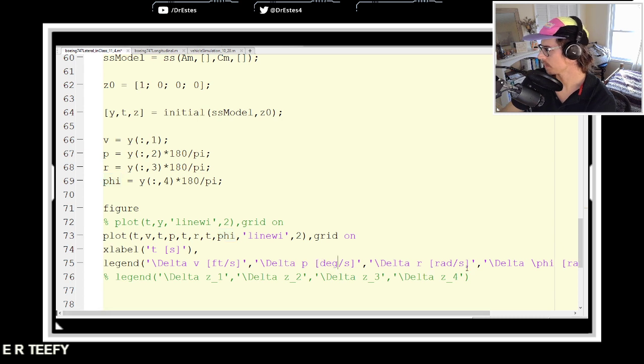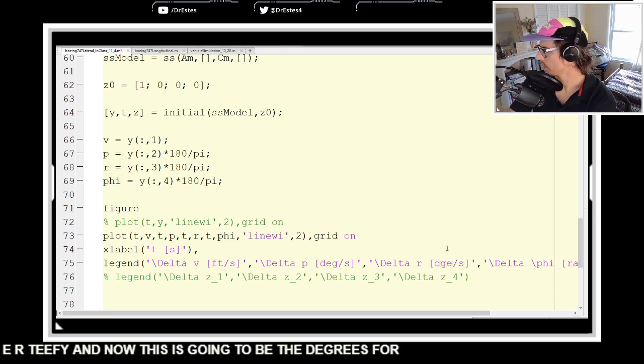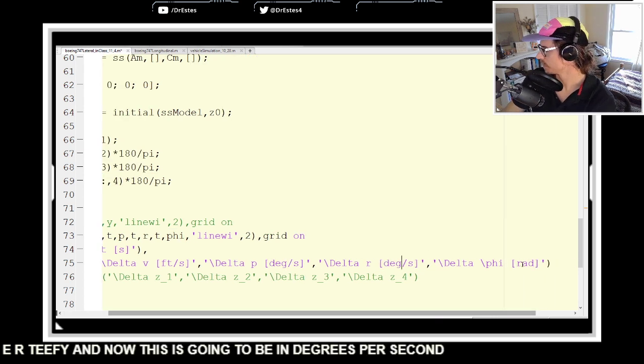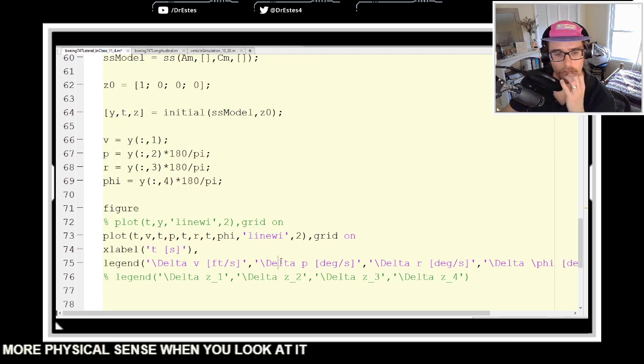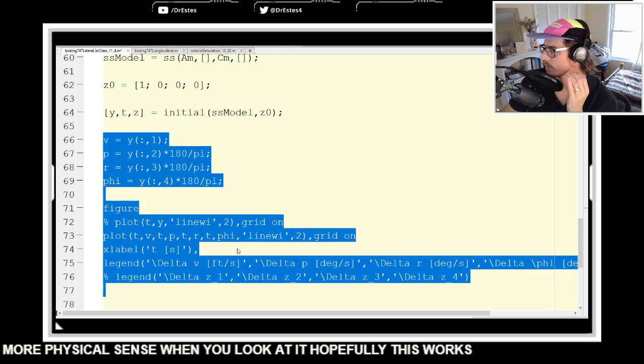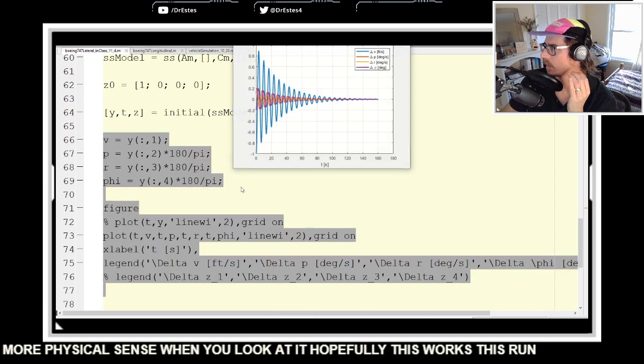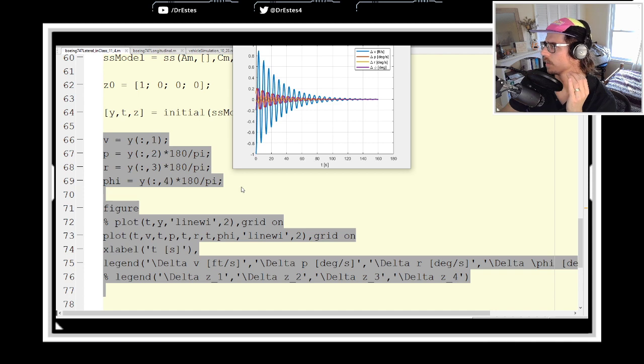And now this is going to be in degrees per second, which just makes more physical sense when you look at it. Hopefully this works. Just run that. Yeah, okay.